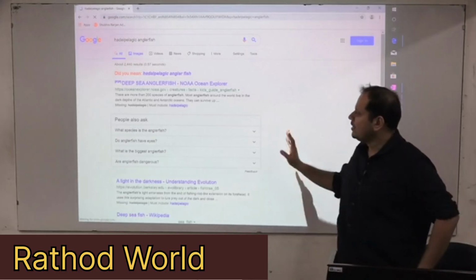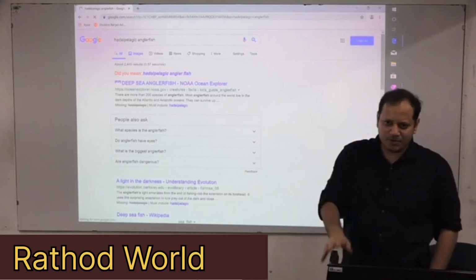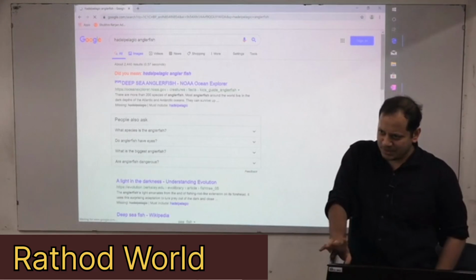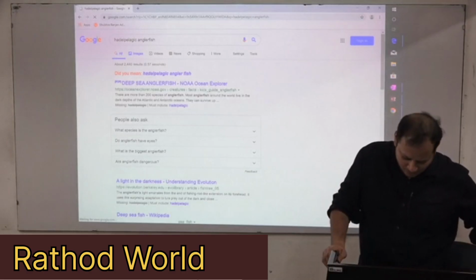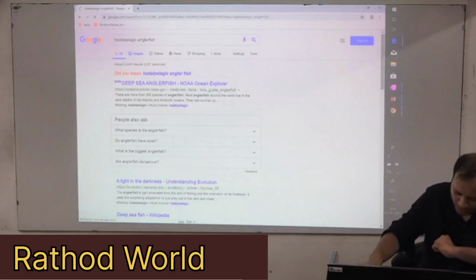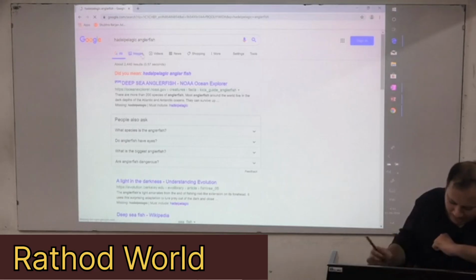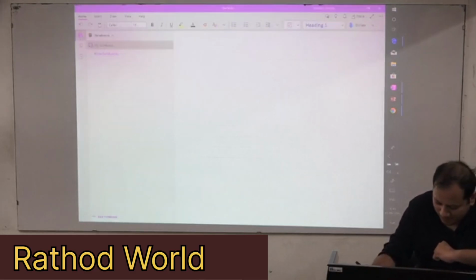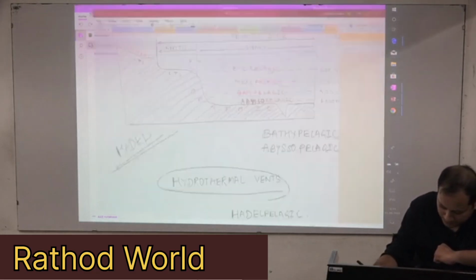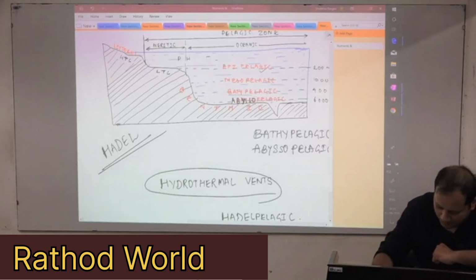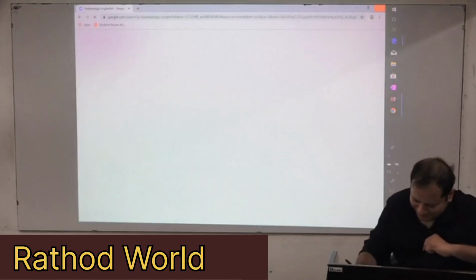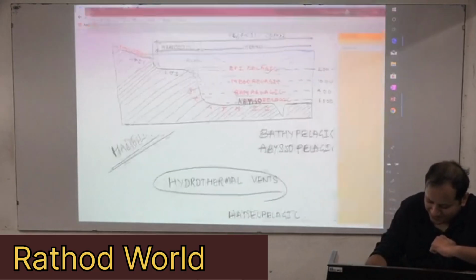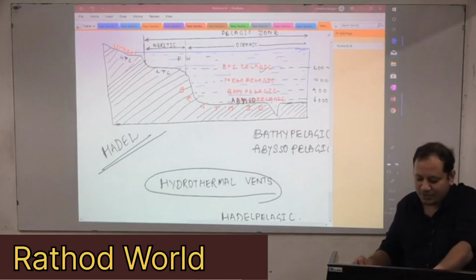Fine, so can you write the answer? Layers above the ocean water, pelagic biomes: epi, meso, bathy, etc. I'll show you here only.